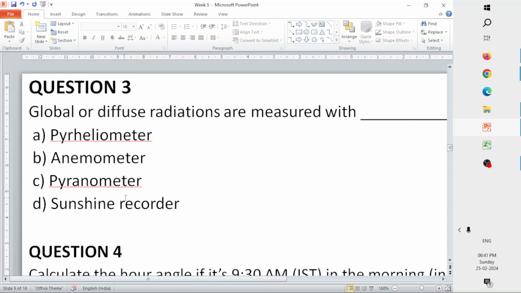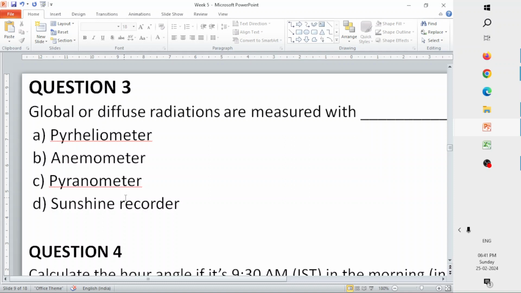So that is not focused on solar radiation, it is deviating from the concept. This anemometer concept we will be dealing with specifically in the last 2 lectures of this course, where we deal with wind energy. At that time we will discuss this instrument in detail.